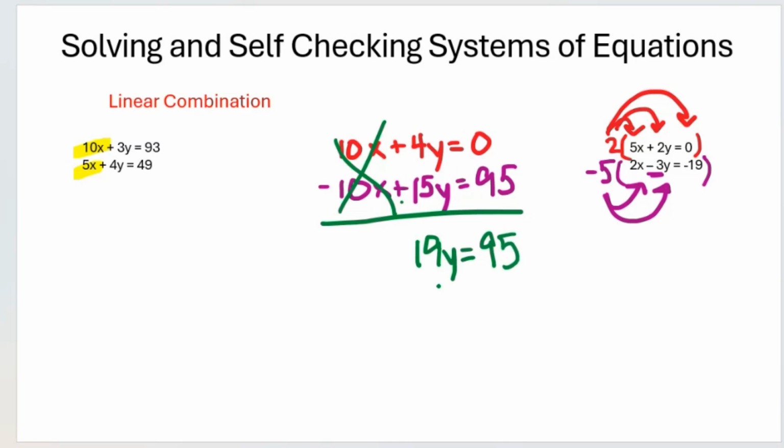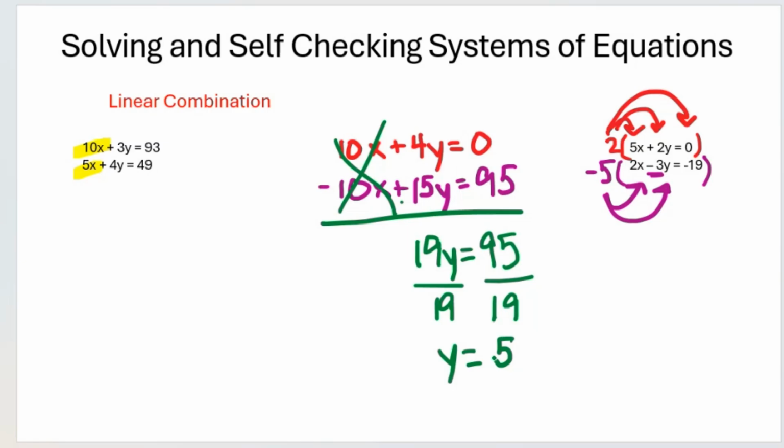Again, this is a one-step equation now. 19y means 19 times y, so we do the inverse. 95 divided by 19 is 5. All right, so we have found what y's value is.